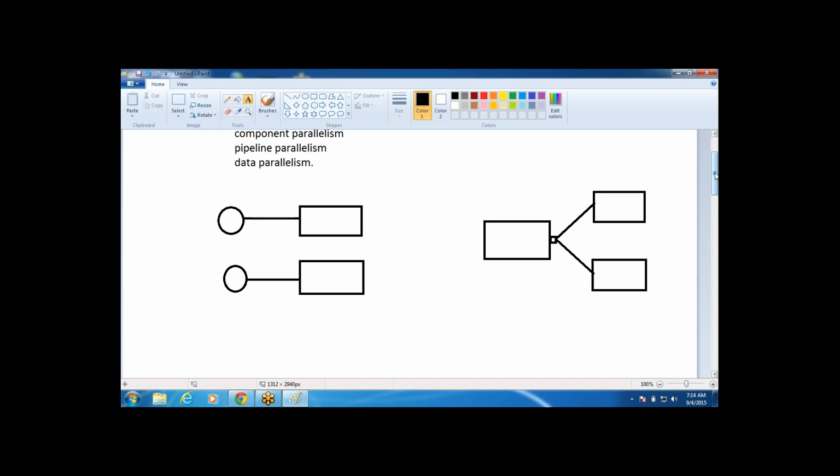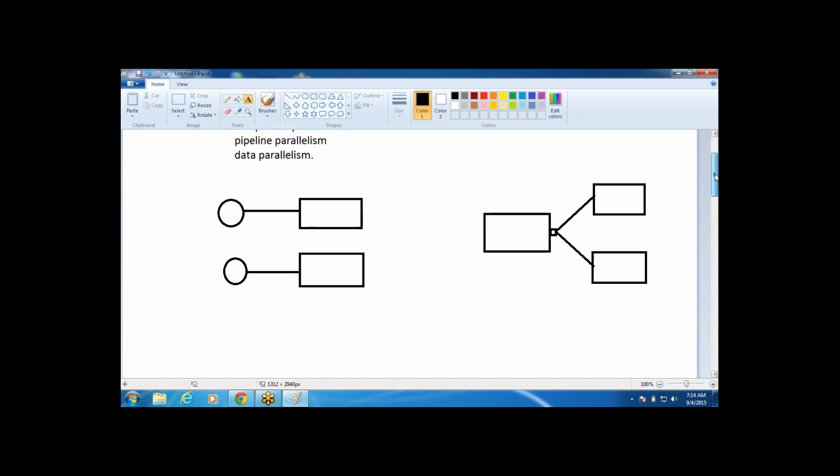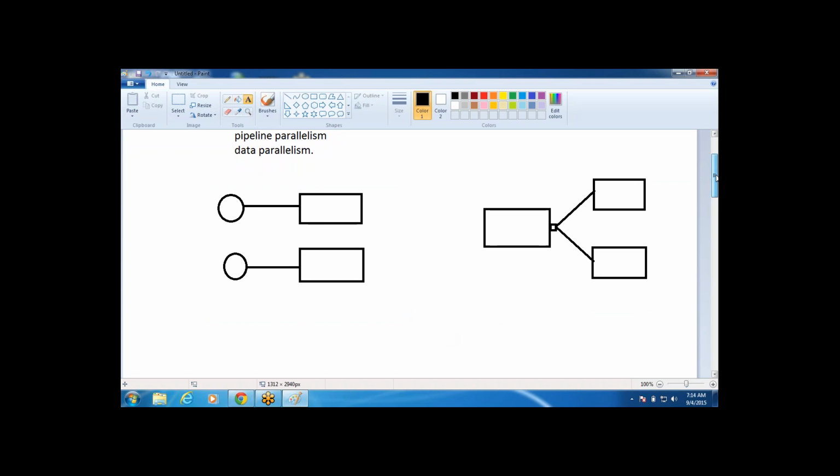Coming to pipeline parallelism, by the name itself, what do you think a pipeline is?